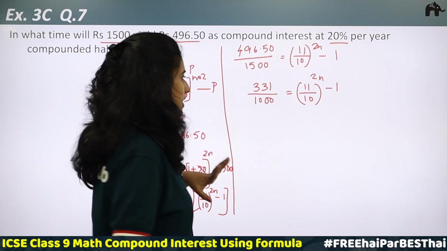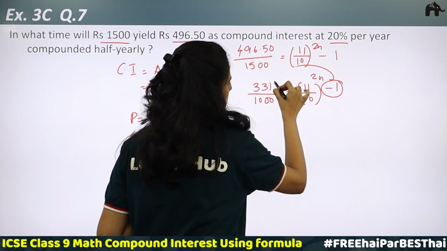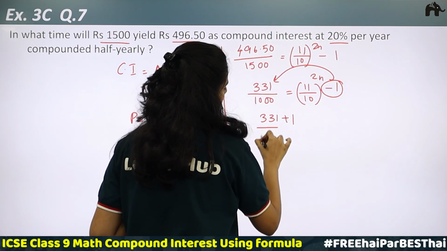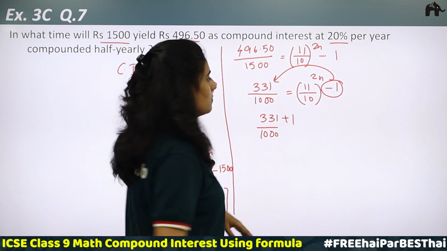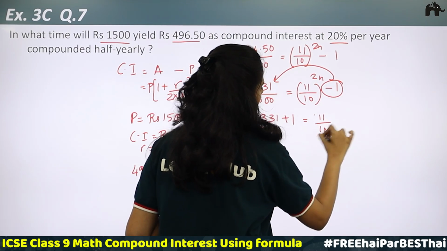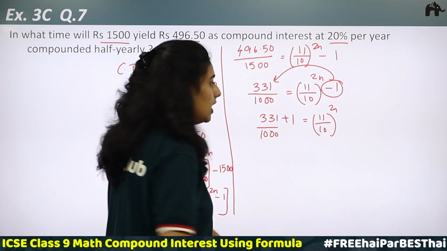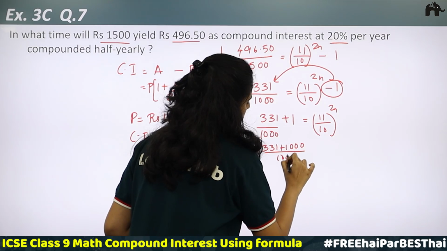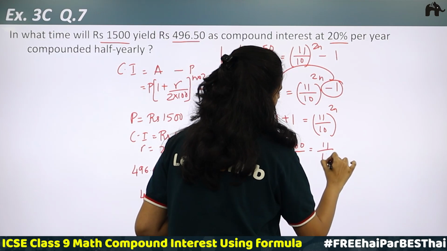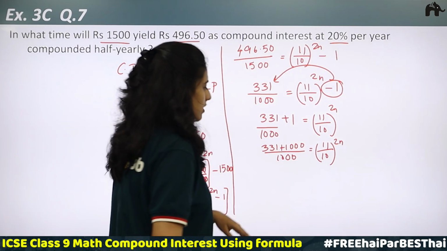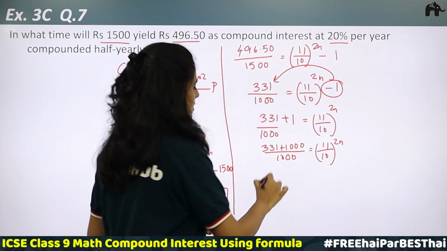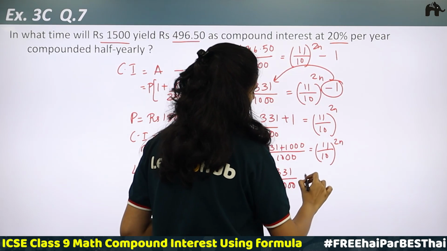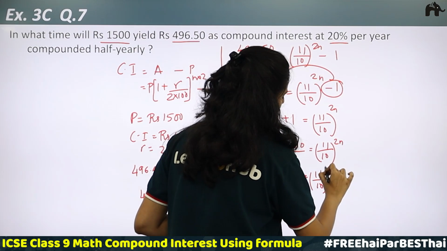We have to find what n is. Taking this minus 1 to the opposite side, 331 plus 1 divided by 1000 is equal to 11 by 10 whole raised to 2n. Okay, that is 331 plus 1000 divided by 1000 is equal to 11 by 10 whole raised to 2n. 331 plus 1000 is 1331 divided by 1000 equal to 11 by 10 whole raised to 2n.